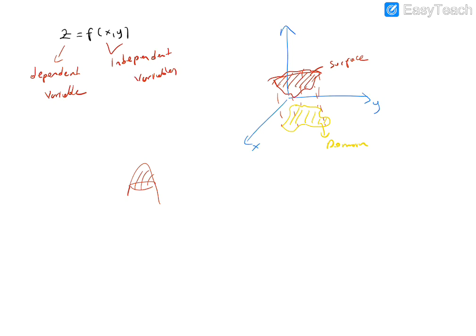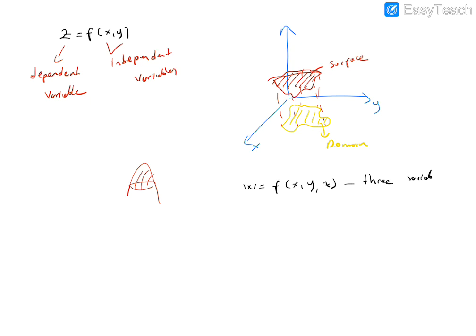We can similarly define a function of three independent variables. We're not focused on this one, but this is a three variable function, for example. The graph of this function should be in R4, so it is not possible to sketch the graph of this function.